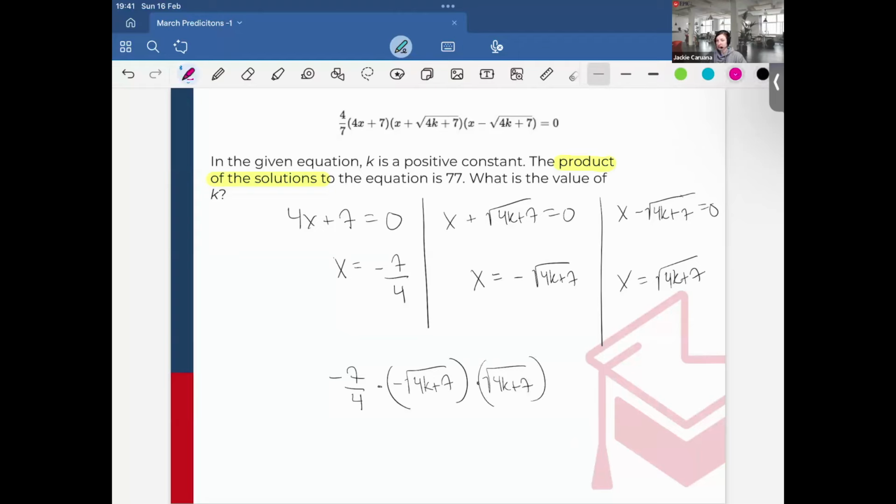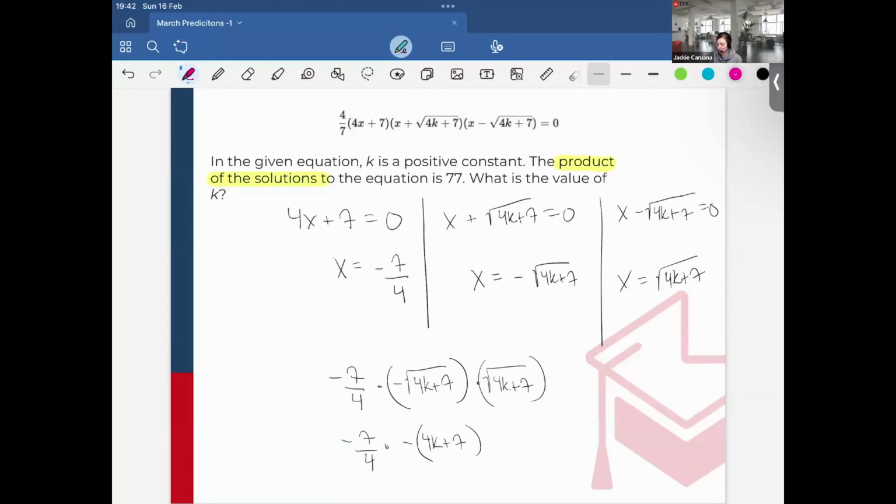Next, note when you multiply the square root, for example, square root 2 times square root 2, it's 2. So when you multiply the same square root by itself, it will just be that number. It's like squaring it. It'll be that number without the root. So if I do that, then I would basically just have negative 7/4 multiplied by negative 4k plus 7.